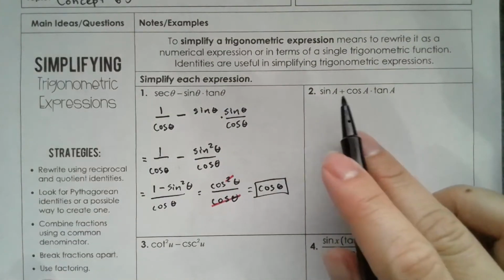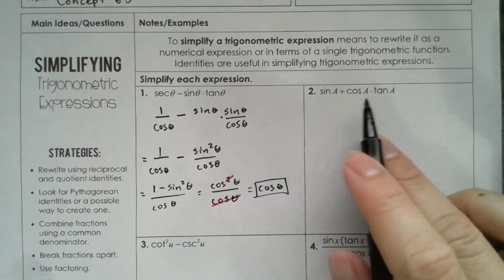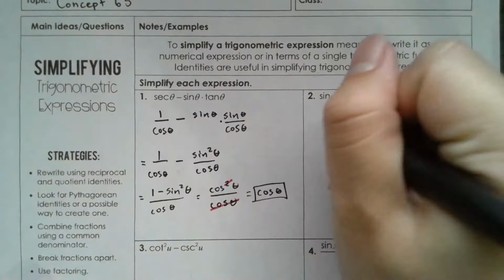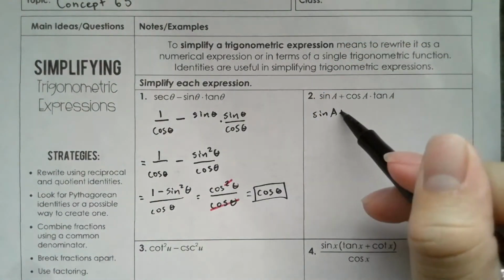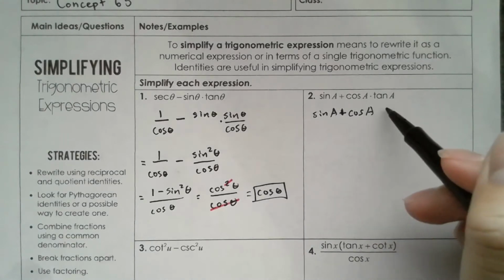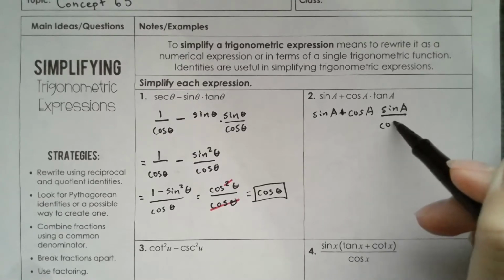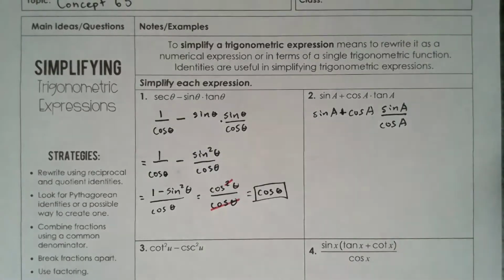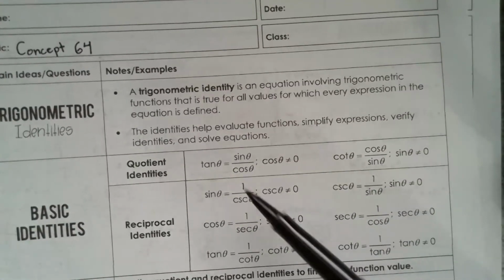Next one, sine A plus cosine A times tangent A. Alright, I have sine A plus cosine A. Tangent A, that's sine A over cosine A. And again, I'm grabbing these from here. How do I know tangent A is sine A over cosine A? It's right here.